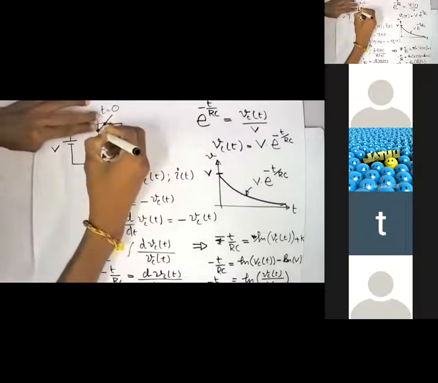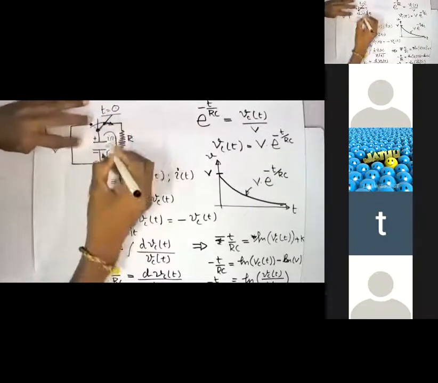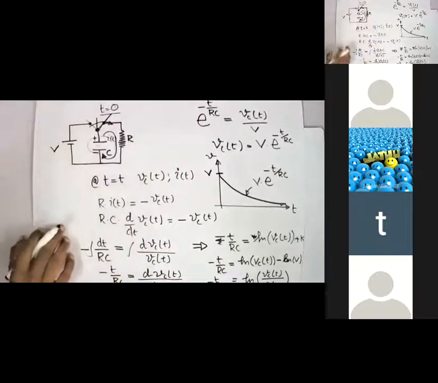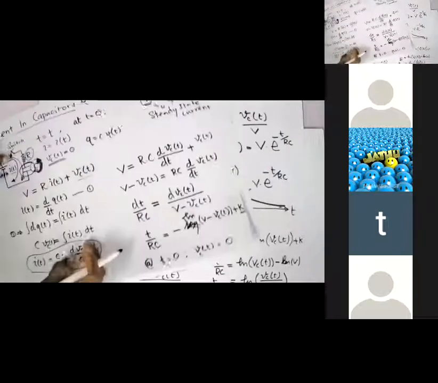At t equals 0, what is the voltage across the capacitor? V. Yes, but in this case, what is the voltage across the capacitor at the initial stage? 0. Yeah. So now you can do that one.